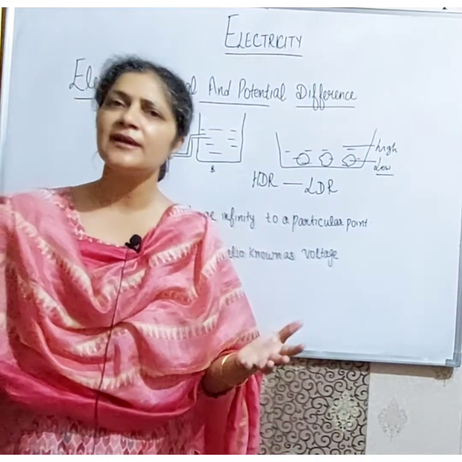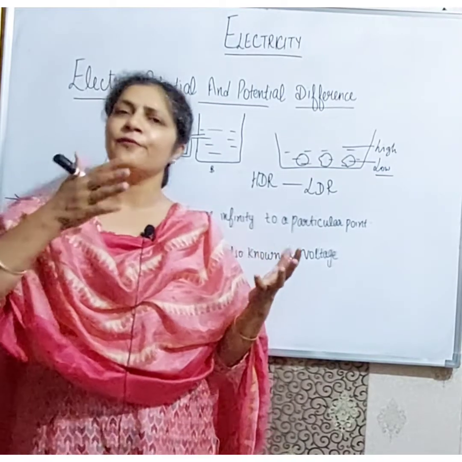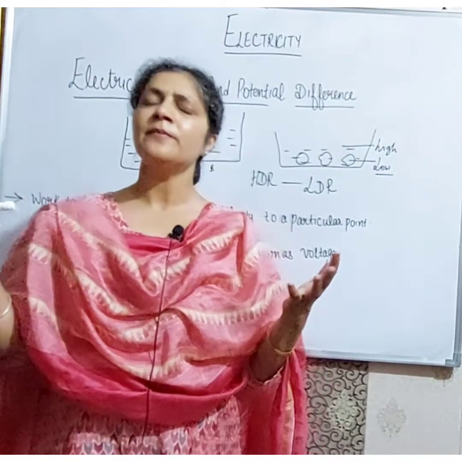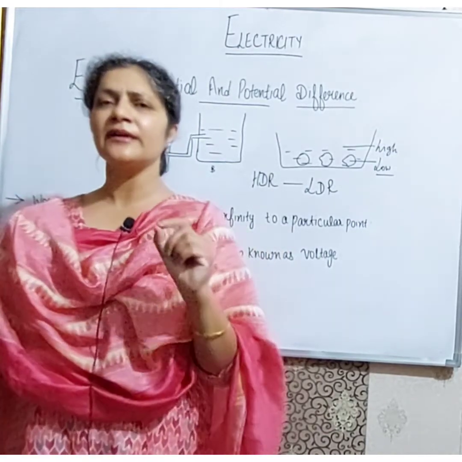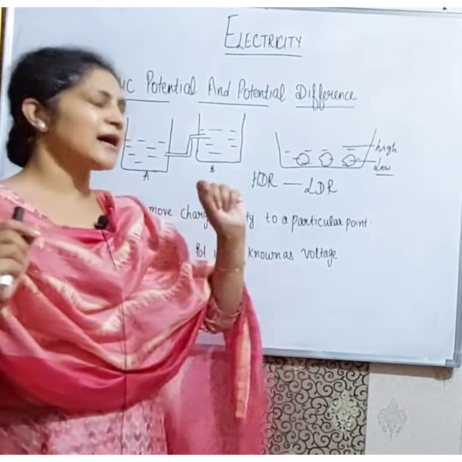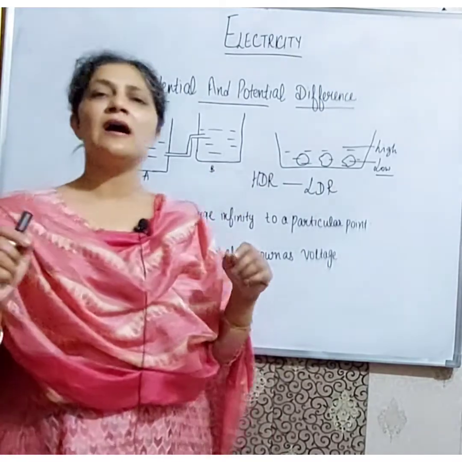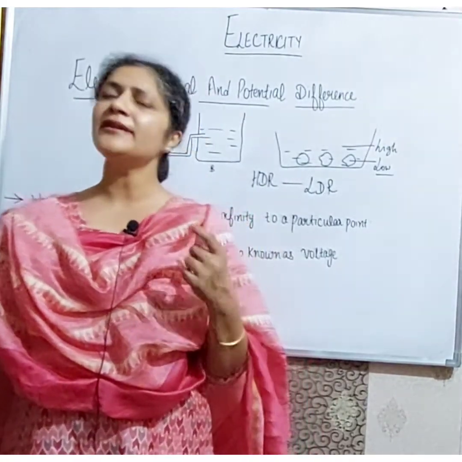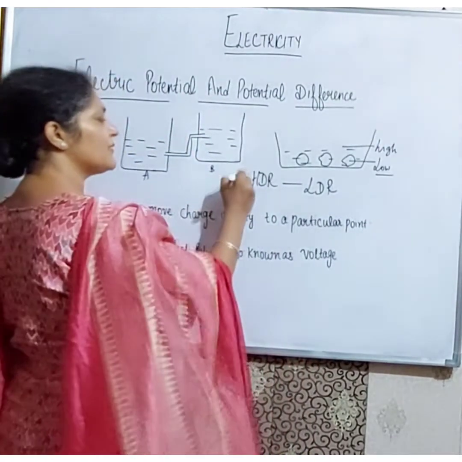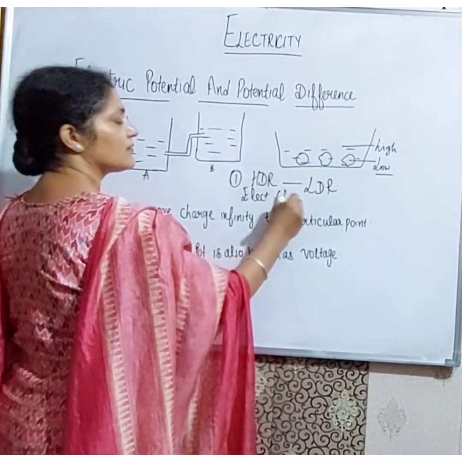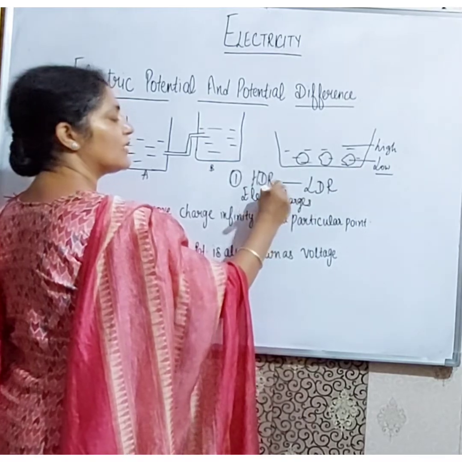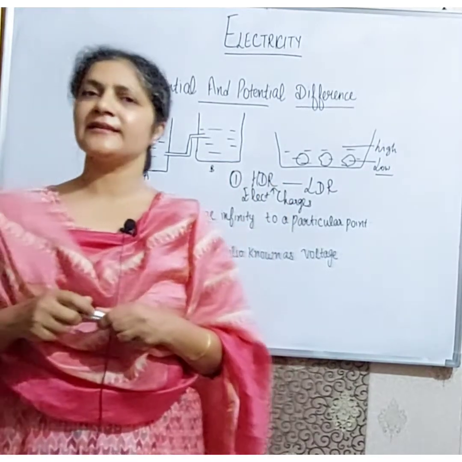I have told you earlier that whatever flows always goes from the higher region to the lower region. So the electric current is a flow of charges, and charges will also flow from a high density region to a low density region. Remember one thing, electric charges will flow from the high density region to the low density region.